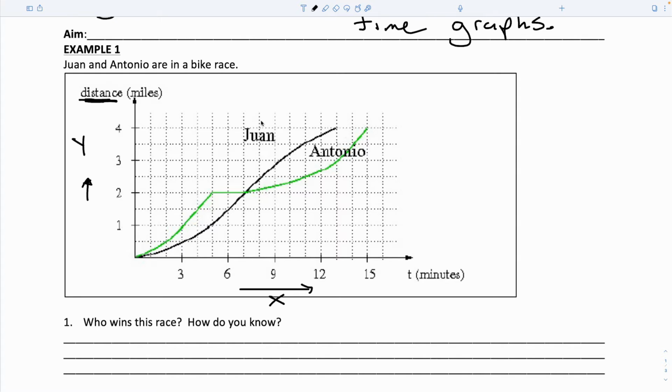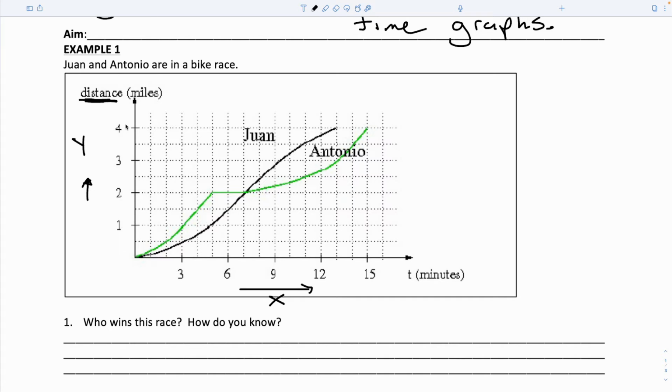Hopefully you've had time to discuss it, and almost like 3/4 of the class usually says that Antonio won. Well, because he got to the finish line first.